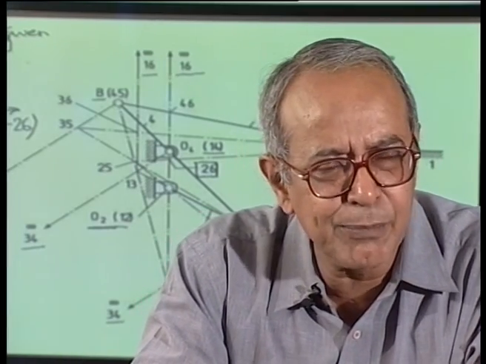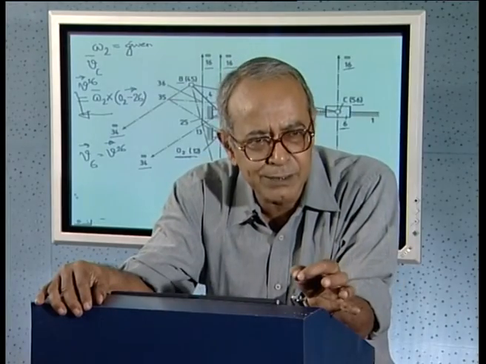For a 6 link mechanism there are 15 relative instantaneous centers, all of which can be determined. Once we have determined them, I have also explained how we can use their locations for velocity analysis. That is, given the input velocity, we can find the velocity characteristics of all other links present in the mechanism.